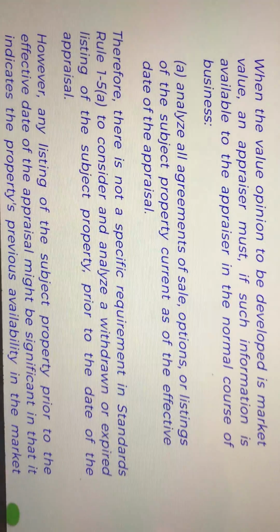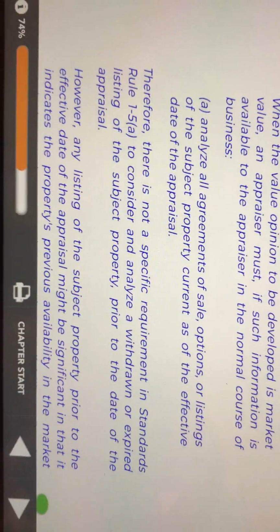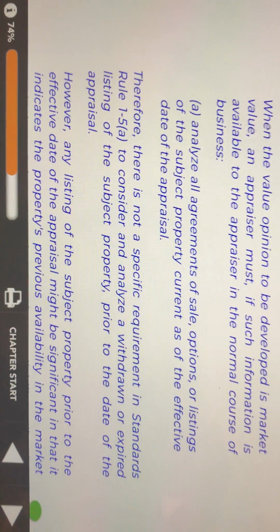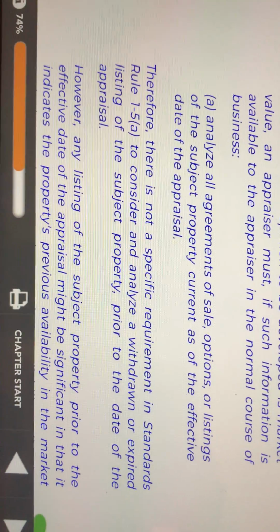Therefore, there is not a specific requirement in Standards Rule 1-5A to consider and analyze a withdrawn or expired listing of the subject property prior to the date of the appraisal.